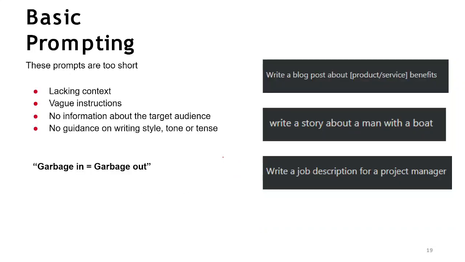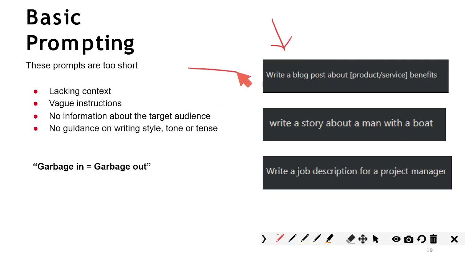So, basic prompting. Now I would like to emphasize some things. You should be a little bit wary and cautious when you are passing on instructions to ChatGPT. You need to make sure that it doesn't lack context. For example, you can see that we are not providing any details, we are not providing any context.